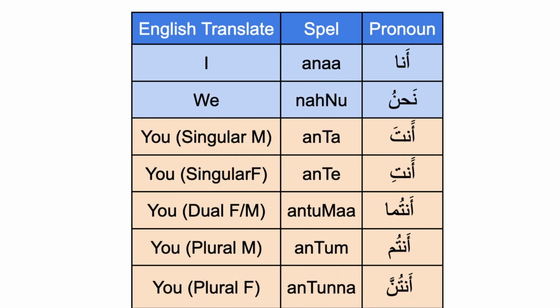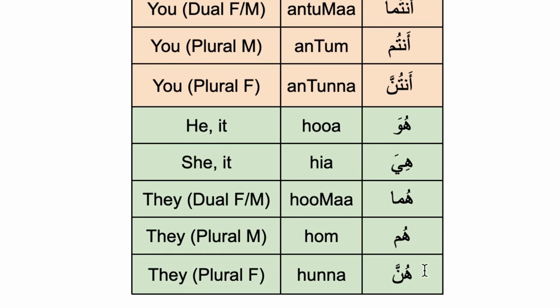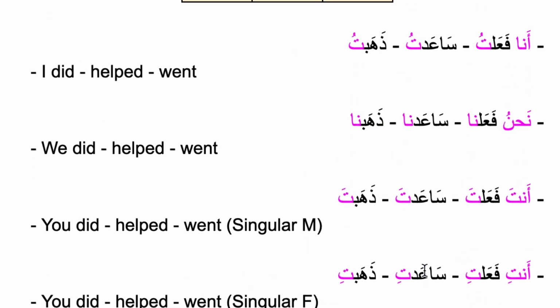In the previous lesson, we learned about the subject pronouns and how to use them, like أنا, نحن, أنت, أنتِ, أنتما, أنتم, أنتن, هو, هي, هما, هم, and هن. We also learned their extension that can be added to the verb.